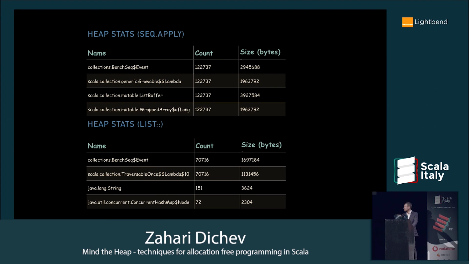And again, looking at the heap stats, you'll see that we have wrapped arrays of long and list buffers getting generated when you are using the apply method. So all of this deals with things that you can do in your code in order to minimize allocations, and thereby gain a bit of performance where needed.